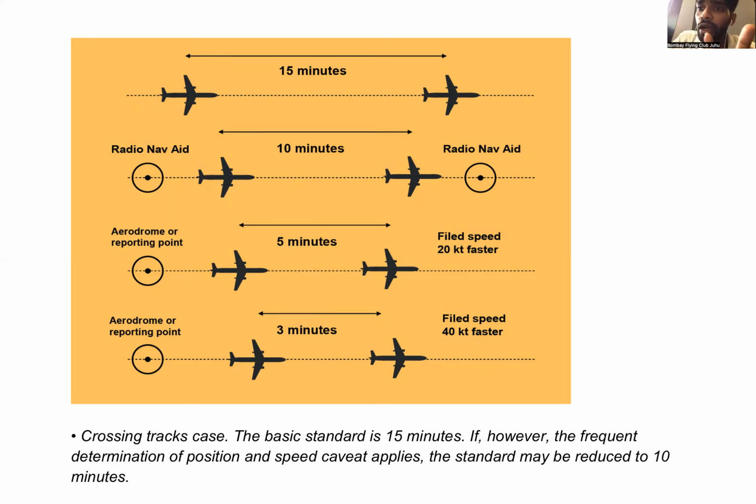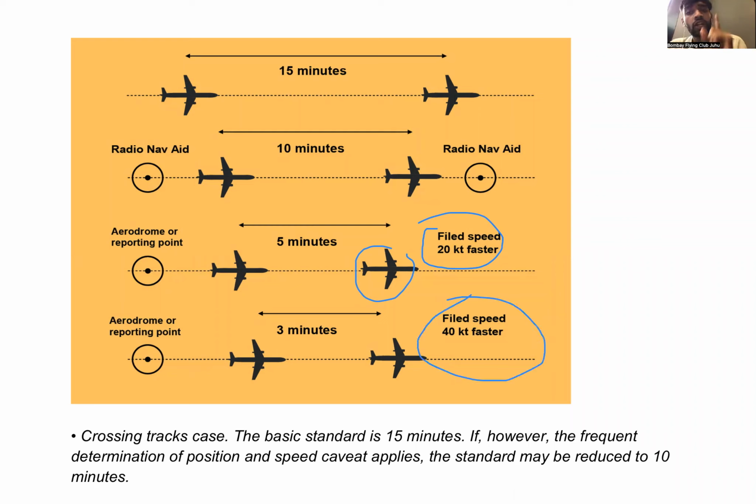कब? जब आगे वाला एयरक्राफ्ट would be 20 knots faster. Further, I can reduce the further separation between the two aircraft जो आगे पीछे वाले हैं same track traffic to 3 minutes also if the further aircraft is 40 knots faster.